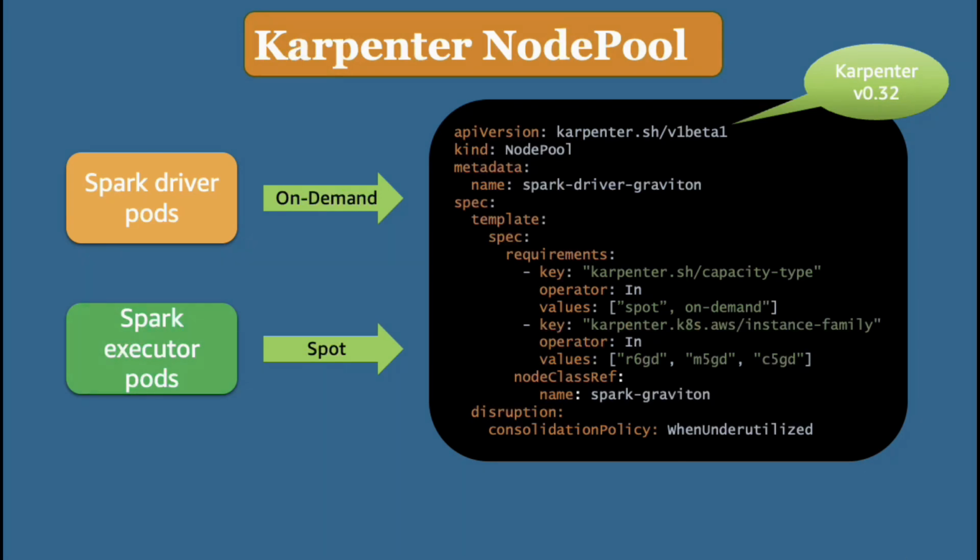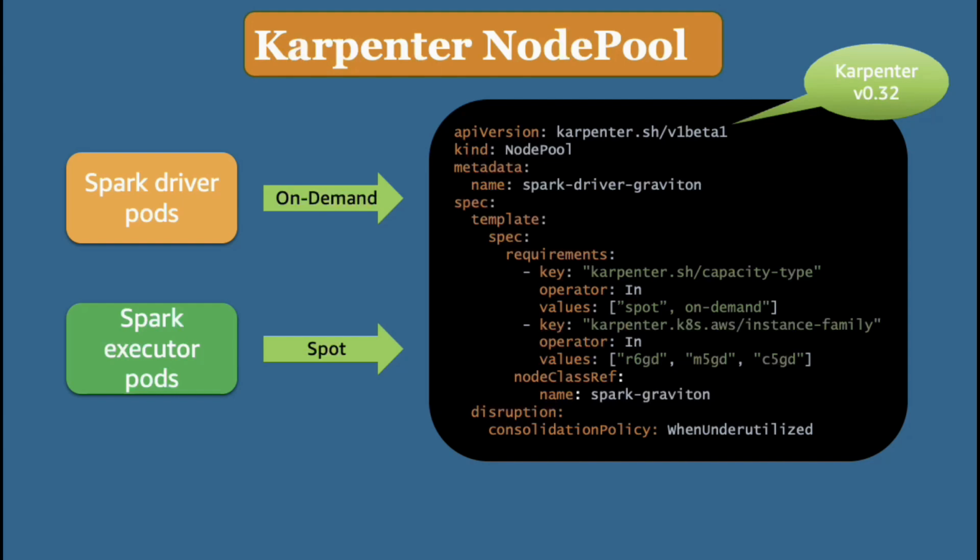So in this case, we are creating one node pool object, and we provide spot and on demand as options for the capacity types, and then it will also provide configuration for instance types. So in this case, we are using R6, M5, and C5GD.